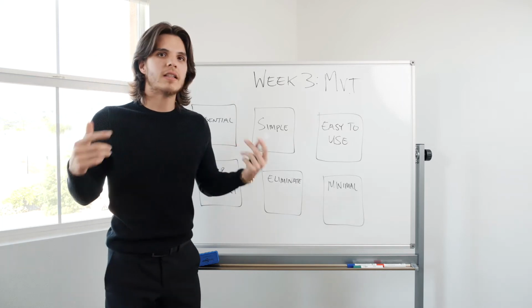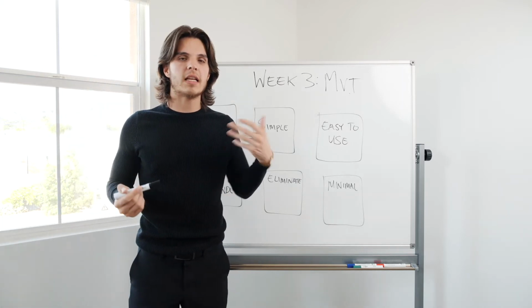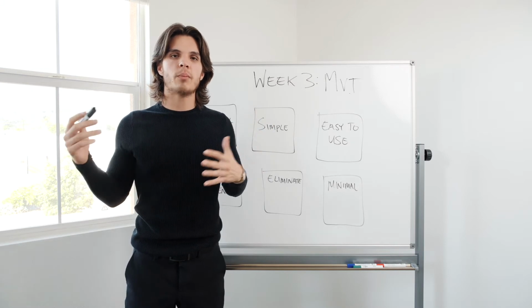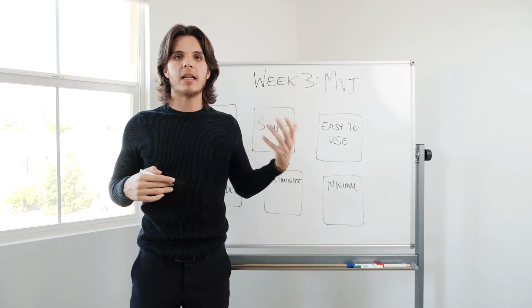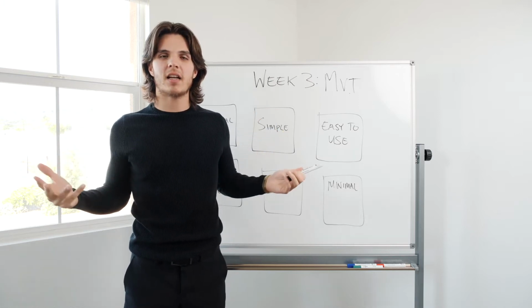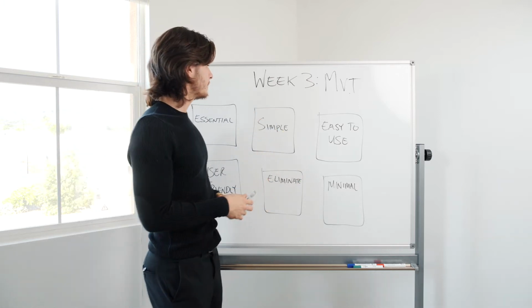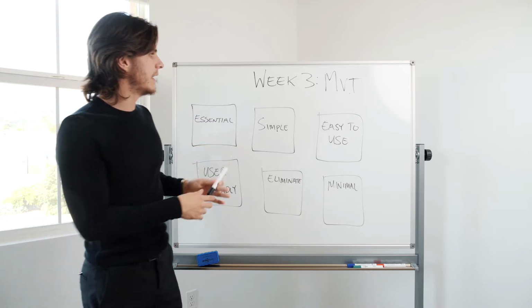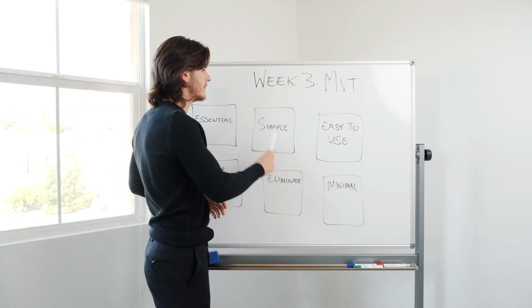Because with this new push of technology and ads and the internet, a lot of people have gotten lost and bought into a lot of hype, bought into a ton of marketing, and so they've added a ton of complexity. And so that brings us into the next point, which is keeping it simple.